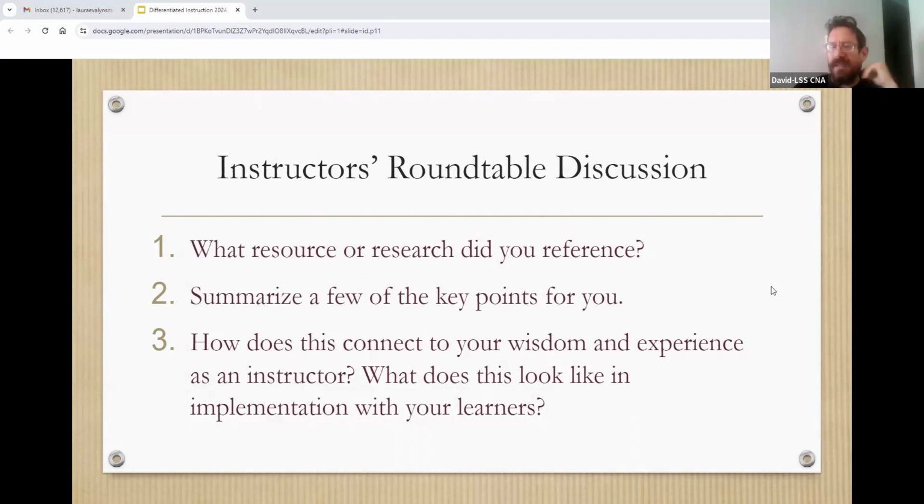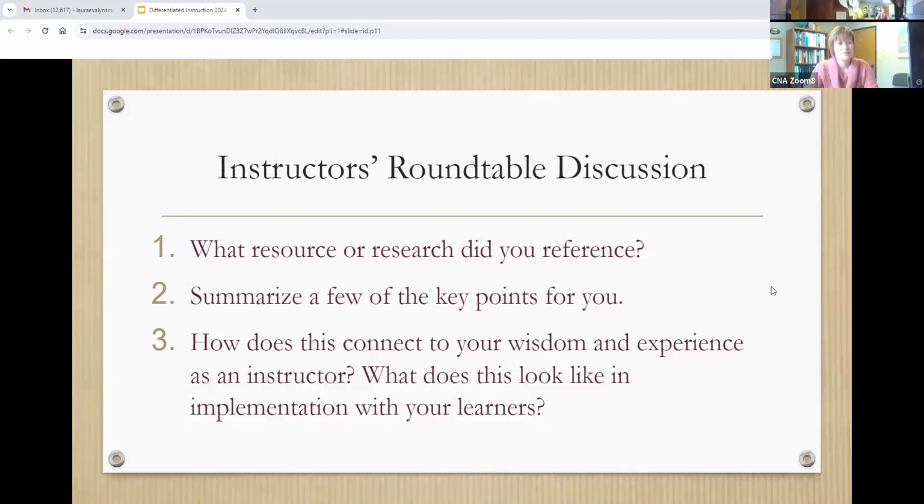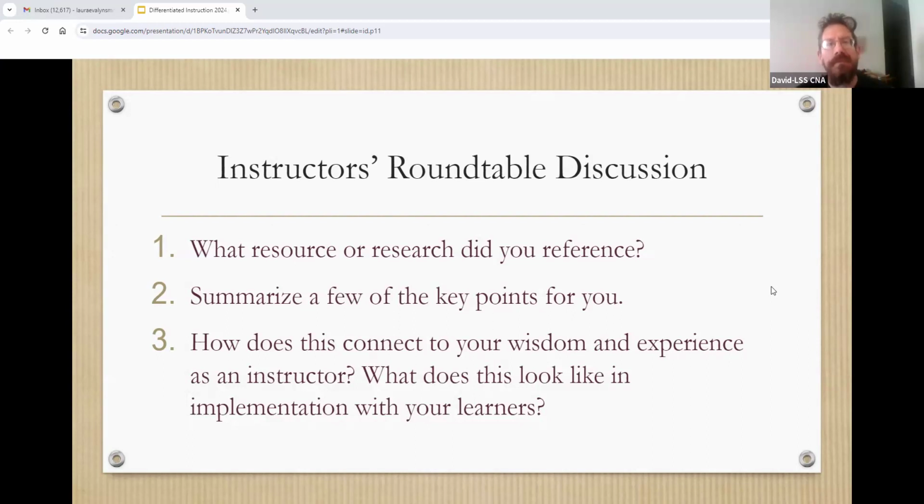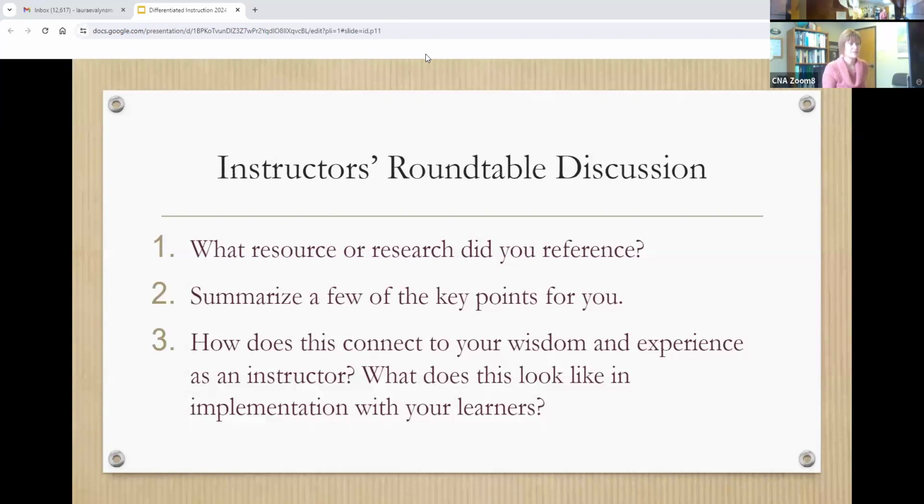So I did look at those resources that Laura sent out. And I was reading through it, I already do that. I do that. I do that. So I'll just speak towards what I do. Let me see if I can share my screen. Nope, I can't.